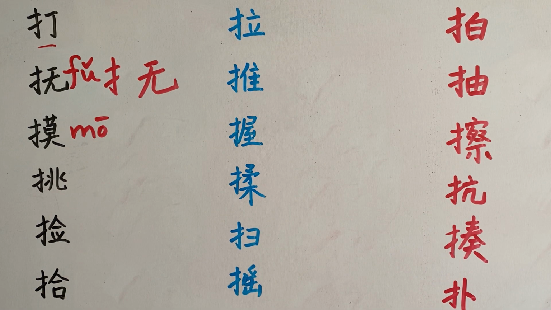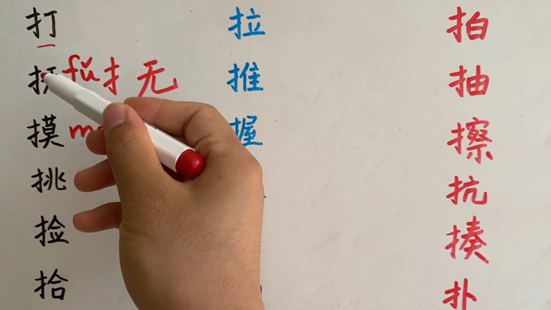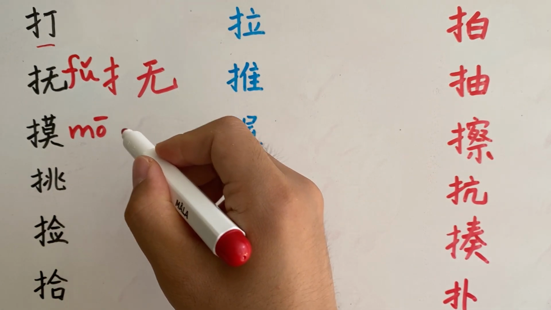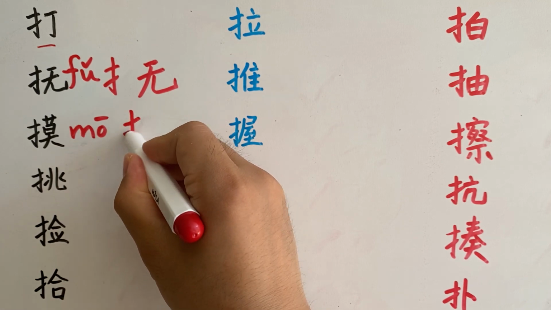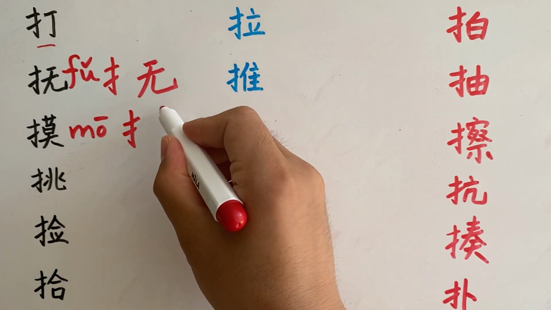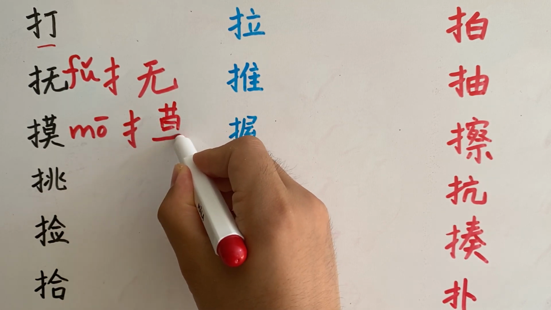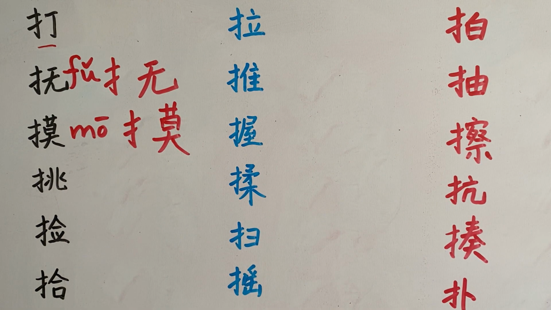So 抚摸, if you put these two characters together, it means to touch somebody gently. 摸 means to touch, but 抚 is to gently touch. It's written like this. This is the left part and the right part. 抚摸.